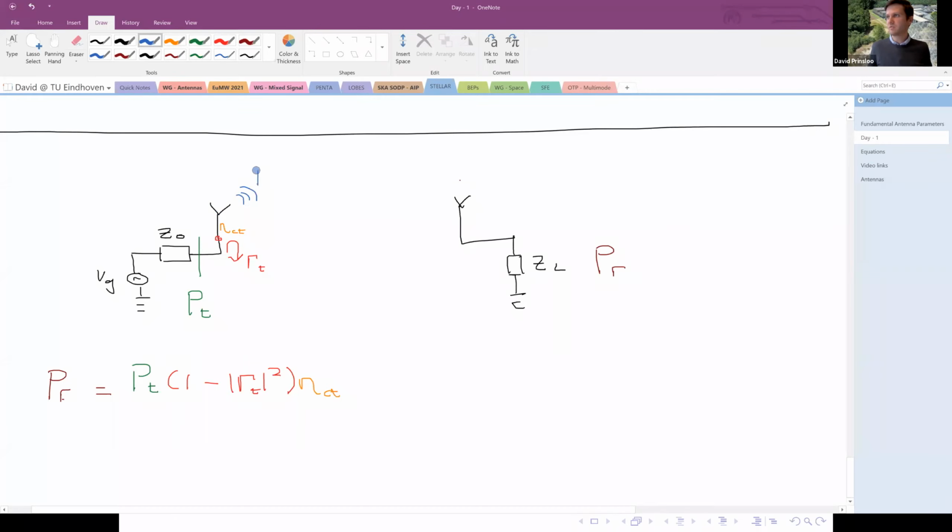So we have the directivity of the transmit antenna in a direction theta t, phi t, where this direction is directed towards the receiver.